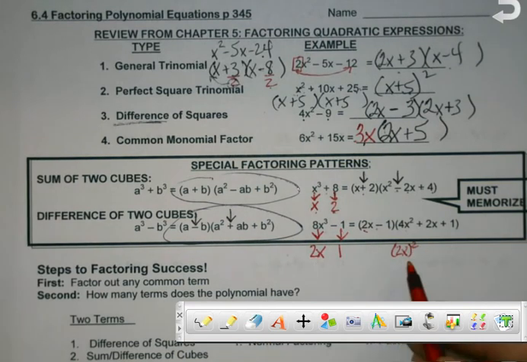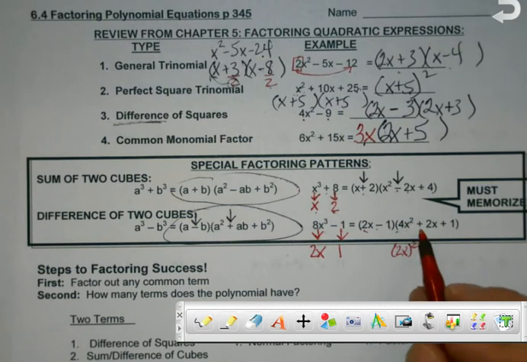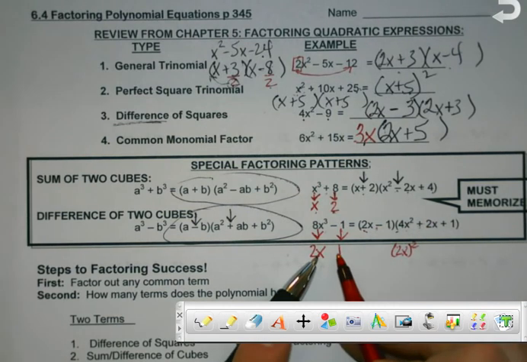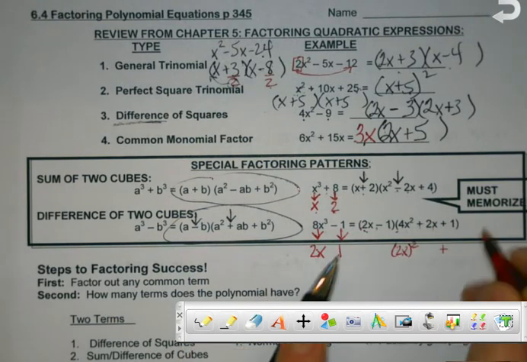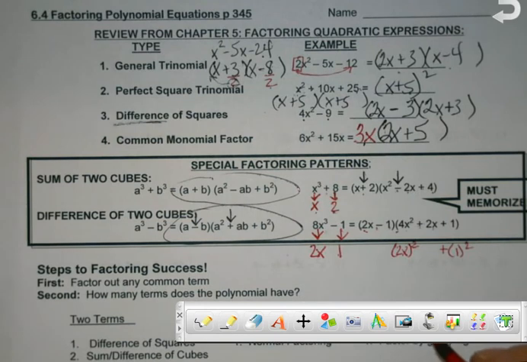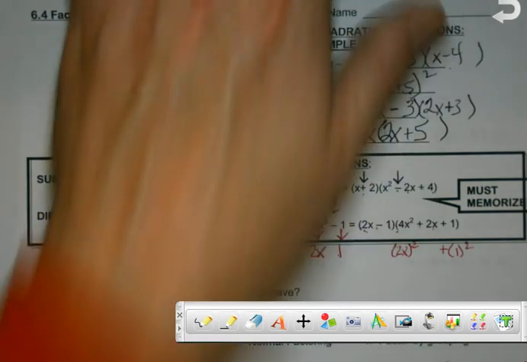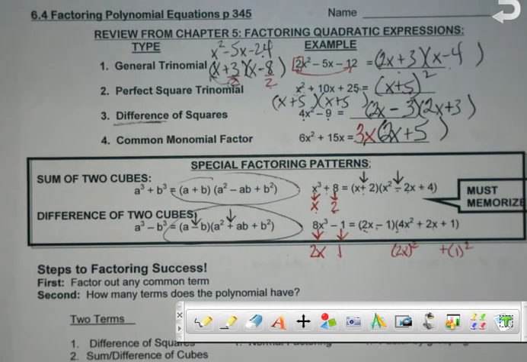So 2x quantity squared is 4x squared, plus, the opposite sign, 2x times 1 is 2x, and then plus my last term squared. The cool thing about difference and sum of cubes is that they'll always be in their broken down form right away. It's not like you're going to have to factor it twice or take out another factor or do something fancy. We're just going to do it that way.